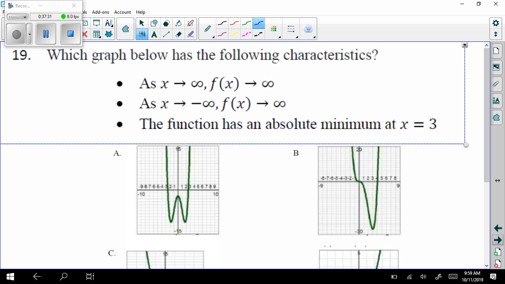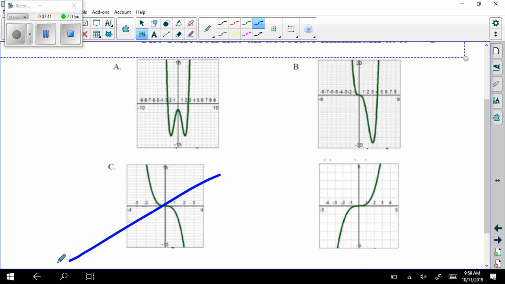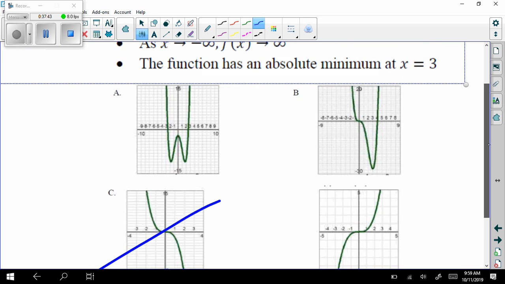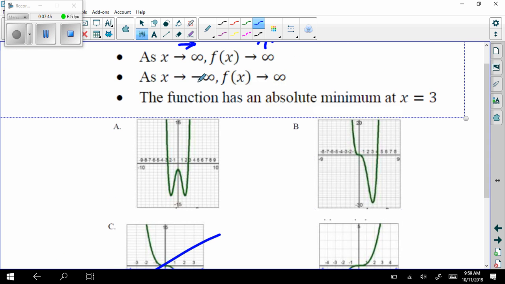All right. Following characteristics. As x goes to infinity, that means as it goes to the right, the graph is going to positive infinity. That means up. So right side's up. It's not that one. As x goes to negative infinity, that means left, f of x goes to positive infinity. That means up. Left side up.